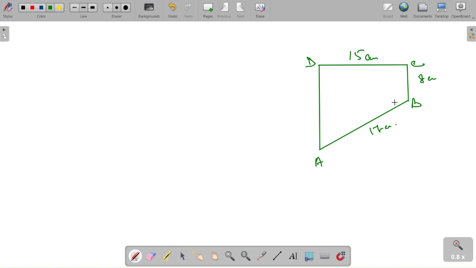Now we don't know the parallel side number. Which parallel side we don't know? AD. Can we find out AD? Anushka, can you tell me what will be AD?